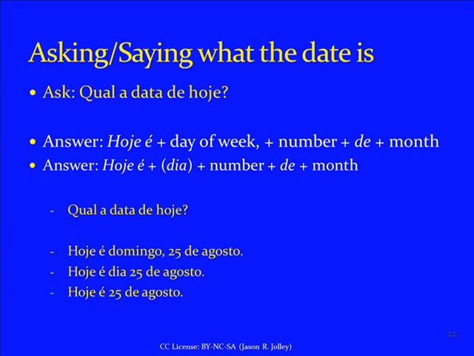Or, without the word dia before the number, which is very common in spoken Brazilian Portuguese, to say hoje é dia 25, hoje é dia 21, for example, I can leave that extra dia out and just cut right to the number, right? Qual a data de hoje? Hoje é 25 de agosto.